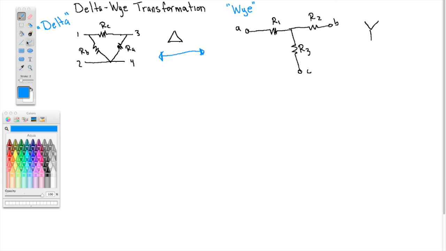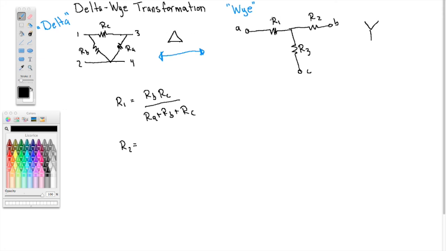And again, I'm not going to prove this. Your book does a nice job of it. But the resistor R1, so this resistor over here, is equal to RB times RC over RA plus RB plus RC. So if you had the delta picture, so you would have RB, RA, and RC, then you can get R1 with this equation. And similarly, R2, if you notice what's not in the numerator here is RA, right?